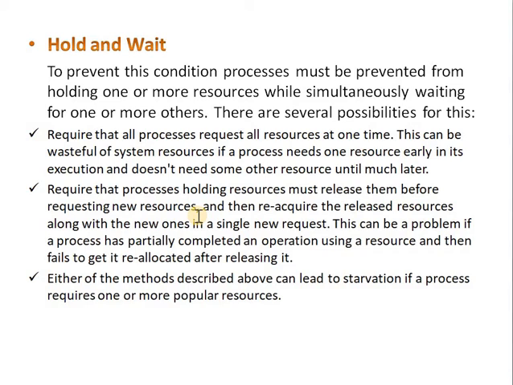So first it allocates the DVD and hard disk, and after copying the data, it requests a printer. But before it requests the printer, it releases the DVD drive and disk, and after printing the data, the printer is also released from that process. This is the hold and wait method.